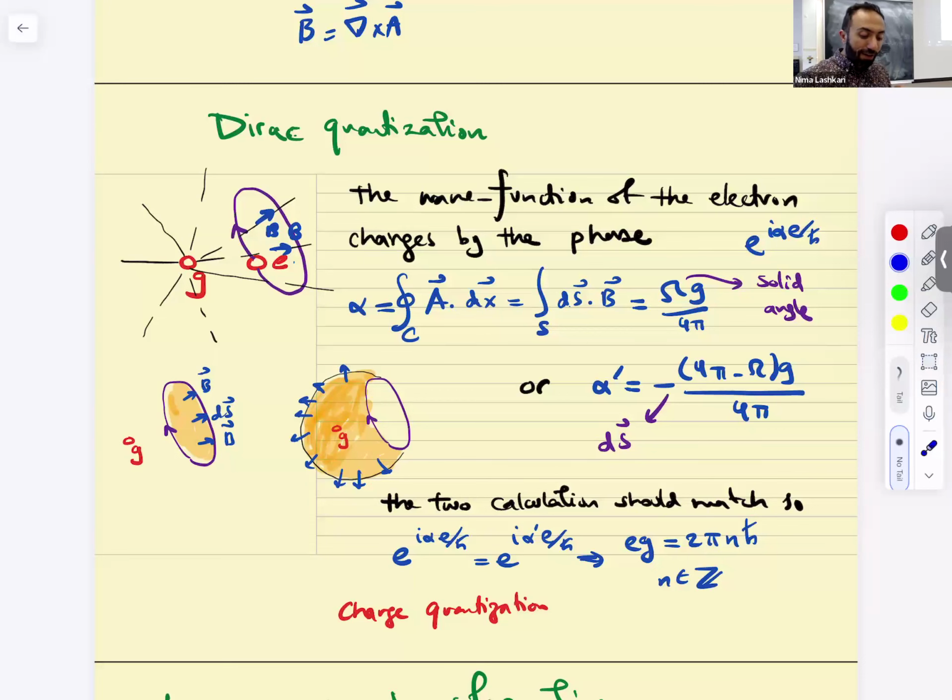Now, there are two choices to consider: one is the flux going through this, and the other is flux going through the other side of it. They would differ by 4 pi minus omega, right? The fact that the result of this calculation should not depend on which one we pick tells you that there has to be charge quantization: e times g is 2 pi n h bar.